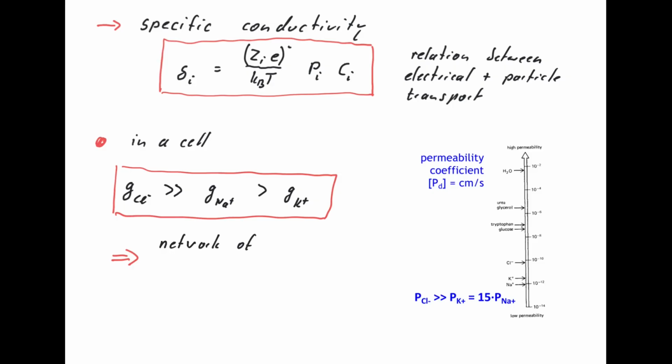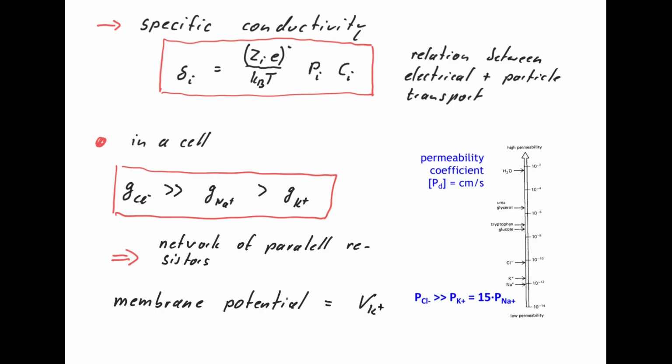Since the conductivity of the chlorine and the sodium ion are much larger than the conductivity of the potassium ions, any potential made up by chlorine or sodium will be washed out in a very fast way. And it's only the low conductivity of the potassium ions that will lead to the potential of a membrane.